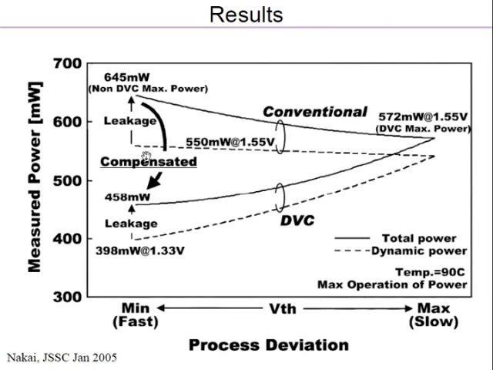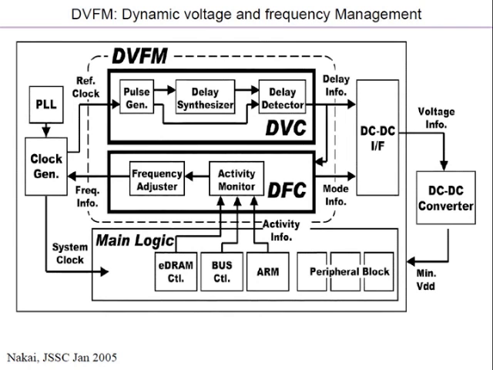Instead of 645 milliwatts, it comes to 458 milliwatts. So they are able to save power. That's basically what they are saying, that across process corners they are able to adjust the voltage such that you are able to optimize and use as little power as required. This is how they are adapting to the process conditions. So that's why it's called adaptive voltage scaling.